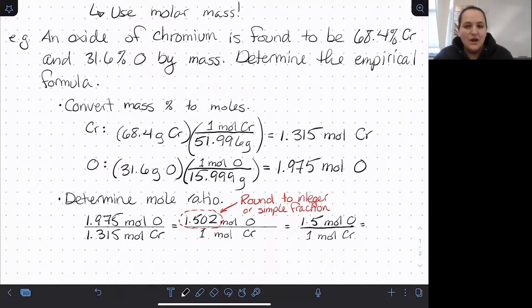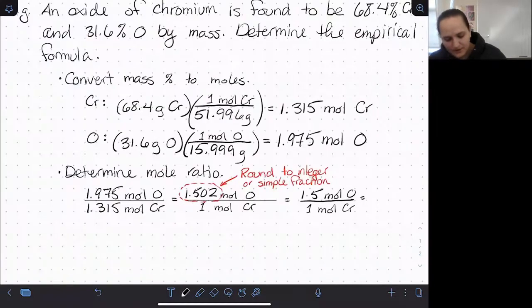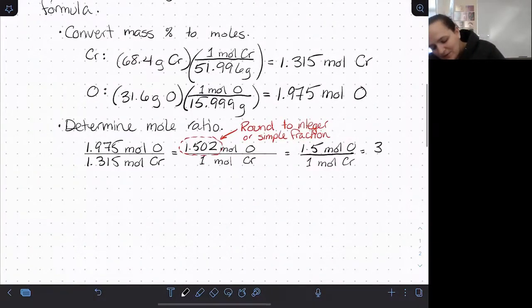to an integer. If we multiply the top and bottom by the same factor, we're not changing the value of the ratio, we're just changing the way we're expressing it. So in this case, since we have 1.5 over 1, if we multiply by 2 over 2, we get this in terms of nothing but integers.